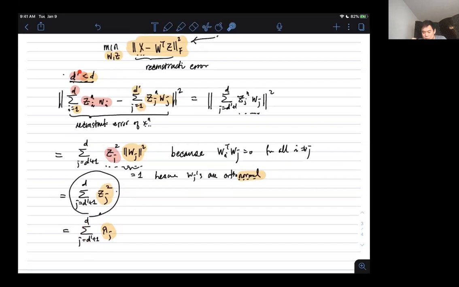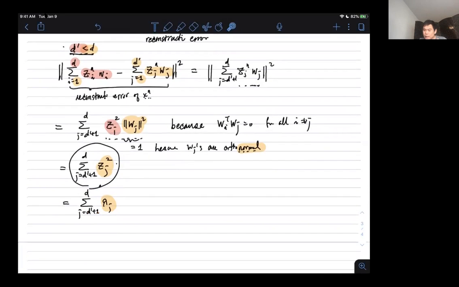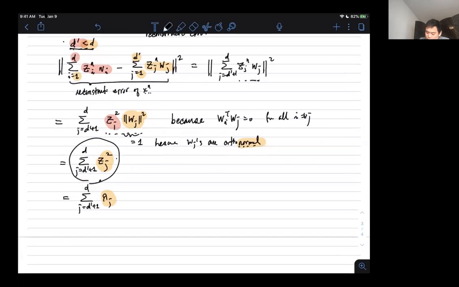Because we are looking only at the D prime, this reconstruction error is the sum of the eigenvalues of the left out portion. And in order to minimize this, what do we do? We are going to simply sort all the eigenvectors according to the magnitude of the eigenvalues in descending order, and then pick the top eigenvalues and vectors.